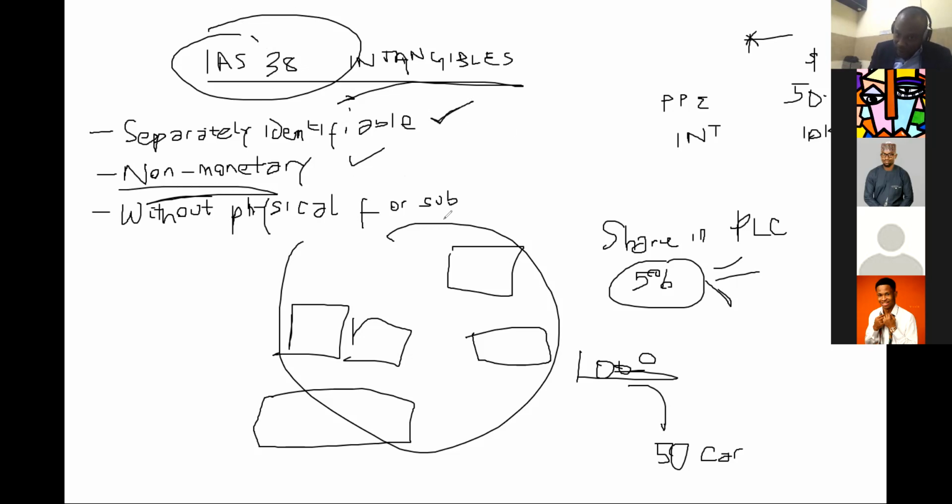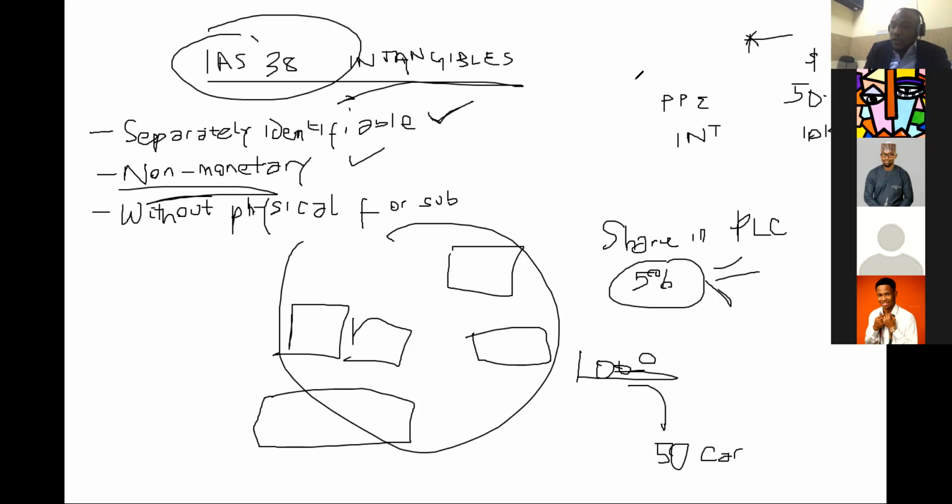First of all, separately identifiable. The truth about it is, if we talk about an asset as a resource that has the potential to give economic benefits in the future to an entity, then there are some things we can look at. For example, the ambience in a particular organization can be such a big asset to that organization.